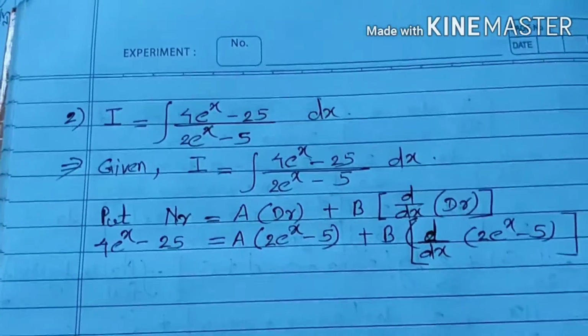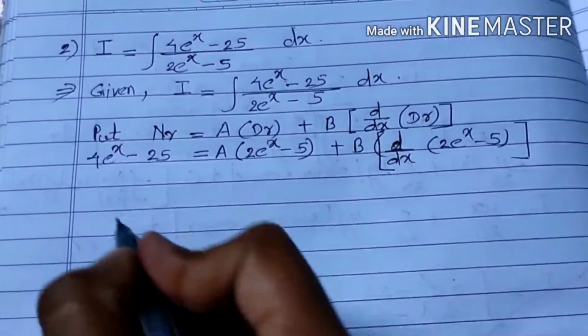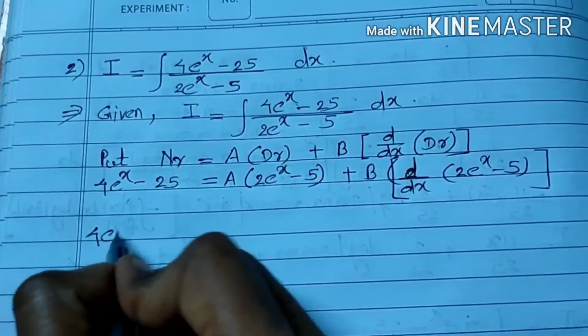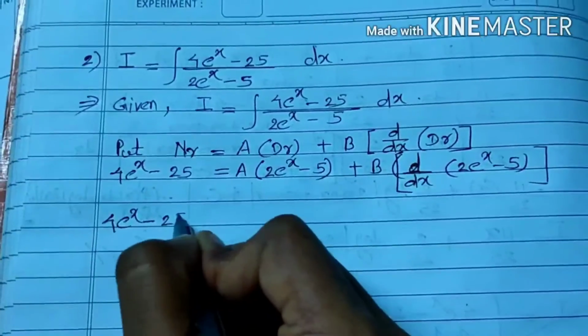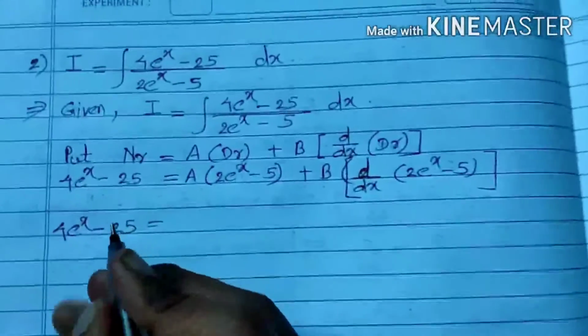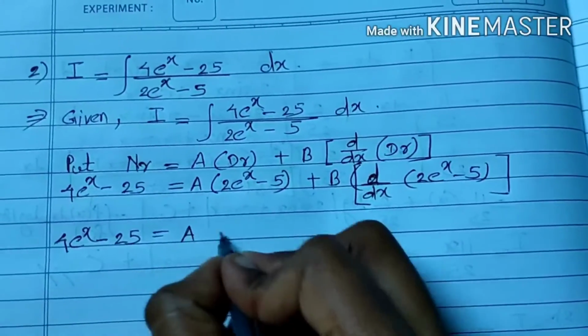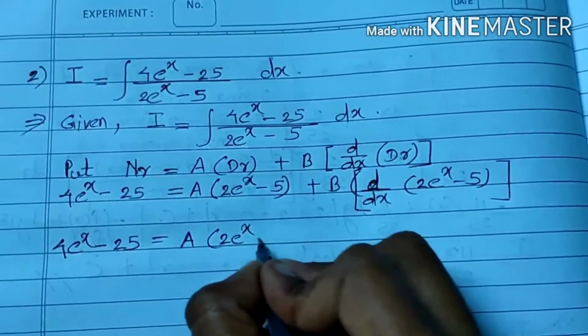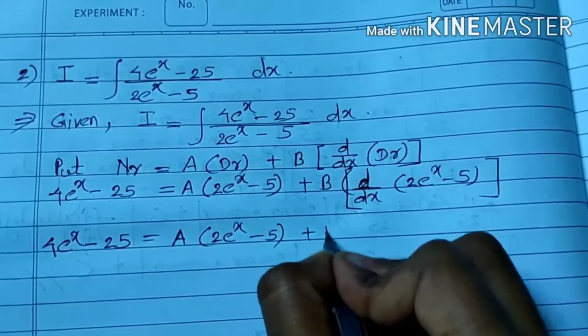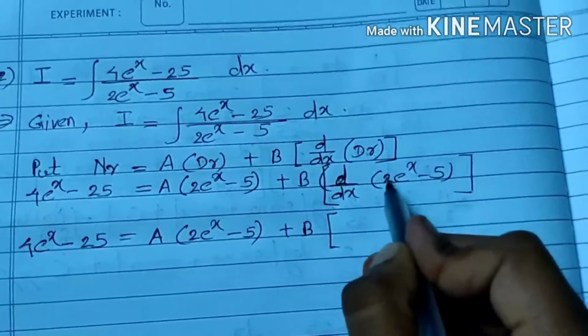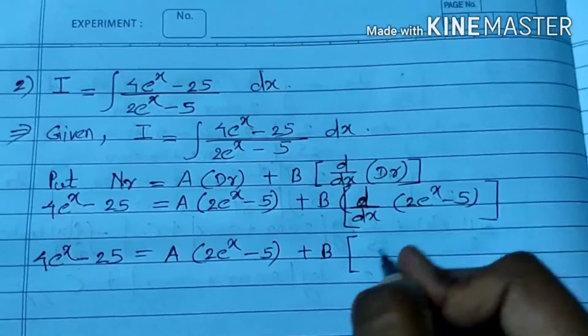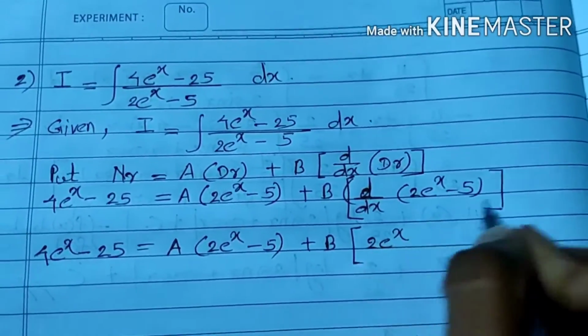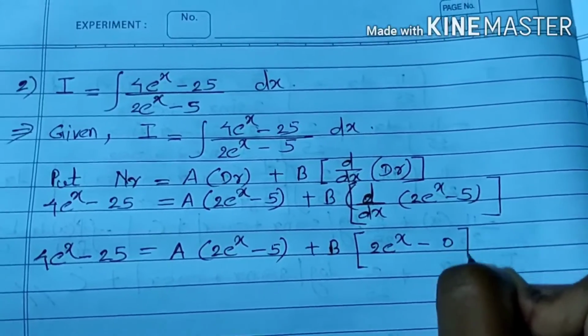Okay, so write it as it is. 4 e raised to x minus 25 is equal to a(2 e raised to x minus 5) plus b. Now 2 as it is, and the derivative of e raised to x is e raised to x, and the derivative of 5 is 0.